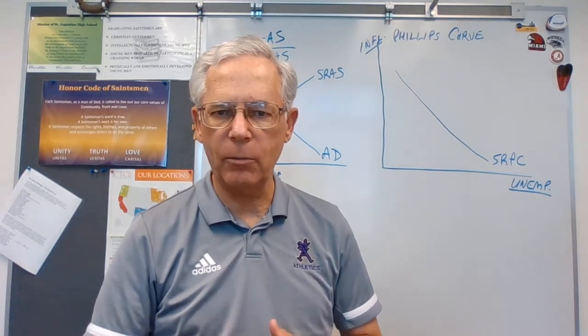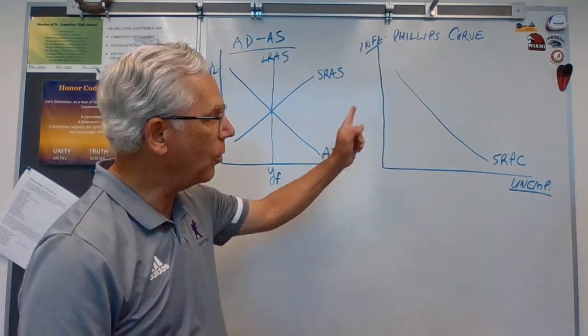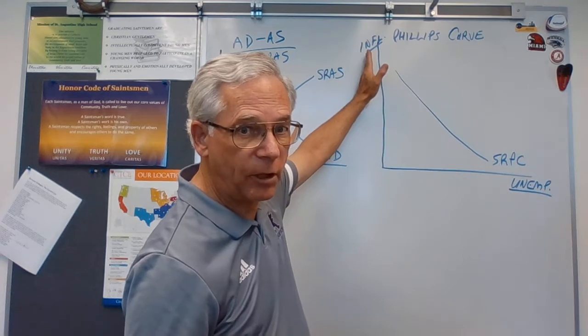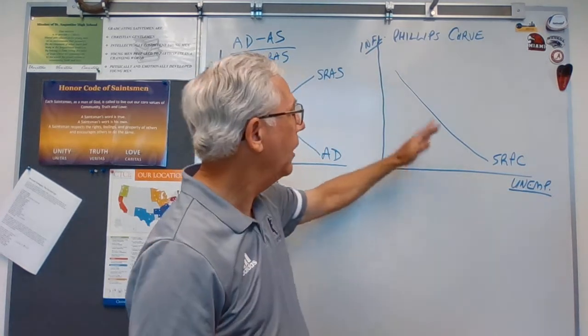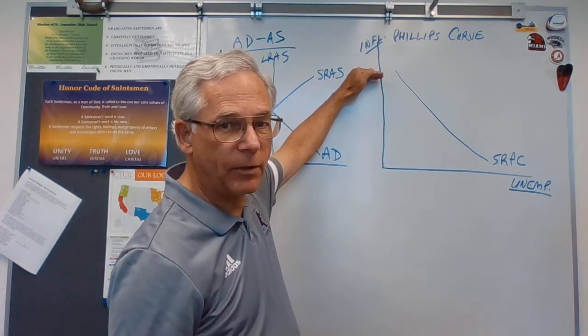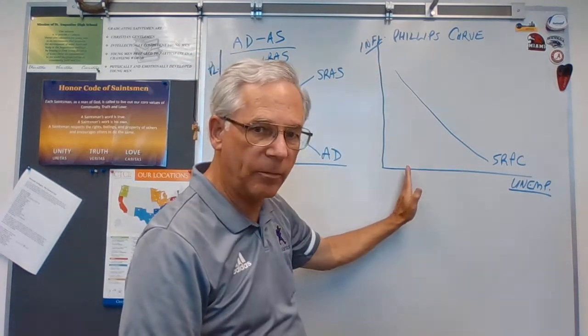All right, this first part of the video today is going to be a review of the short run Phillips curve, and then we'll extend that to the long run Phillips curve. So remember that the short run Phillips curve, this downward sloping thing on a graph that's got inflation on the vertical axis and unemployment on the horizontal axis, implies that whenever we have high rates of inflation, we typically, historically, have very low rates of unemployment.